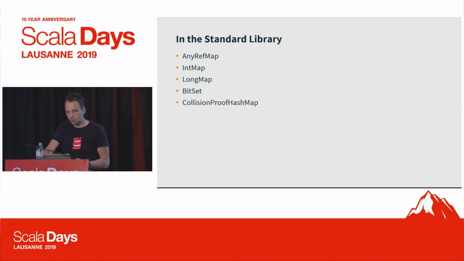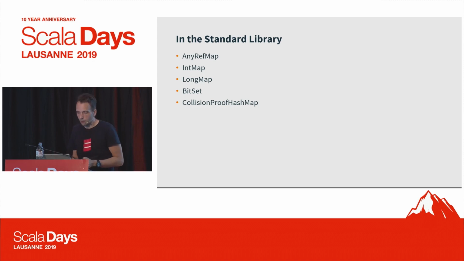So instead, what we do is you get a map that has an Ordering context bound for the key type, but it is not a sorted map. That's the main takeaway here. It needs the ordering constraint, but it's not a sorted map, so it cannot use the standard abstractions for sorted maps.